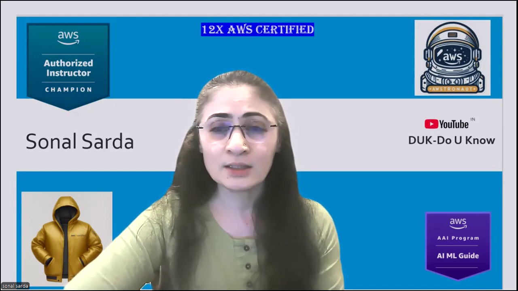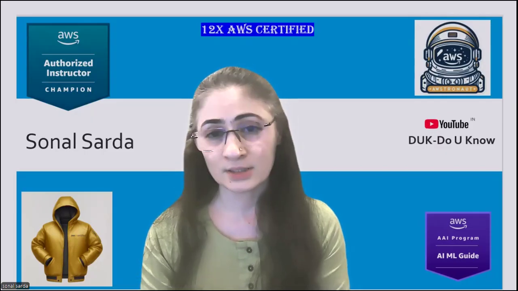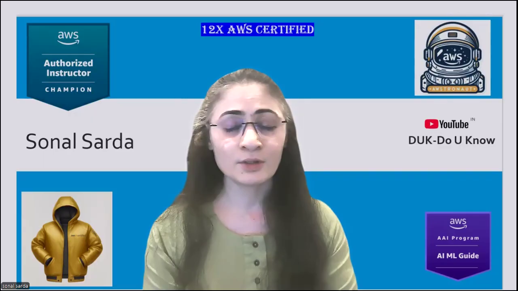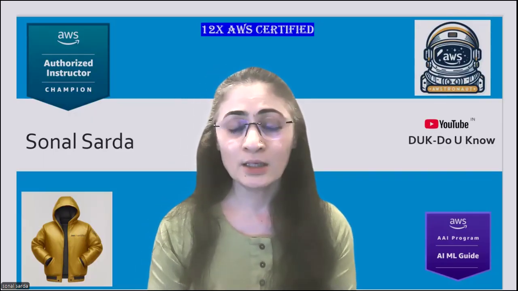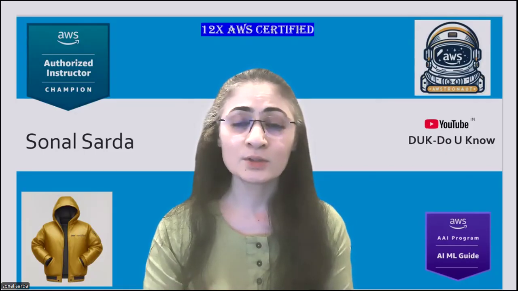The data is basically divided into different types based on how frequently you are accessing it. So we have hot data, warm data, cold data, and coldest data. Hot is the one that you use frequently, so we have S3 Standard as the storage tier. Warm data is the one that you use intermittently, once in a few days.